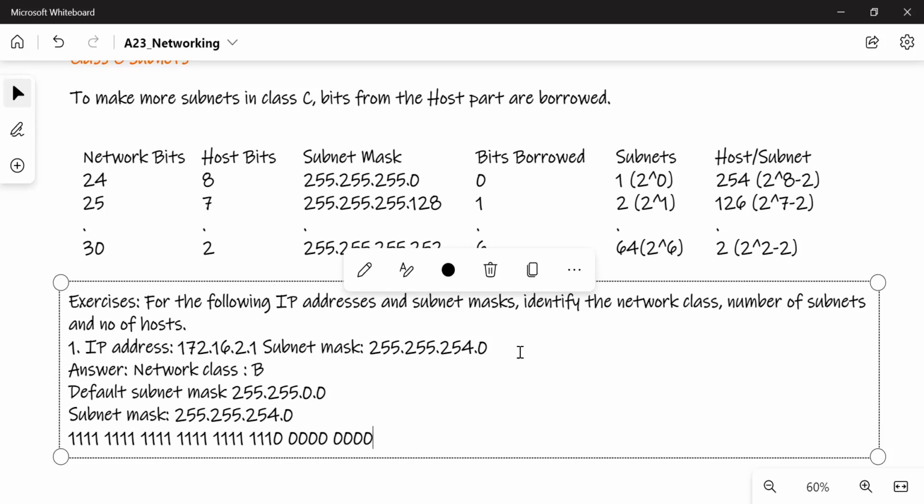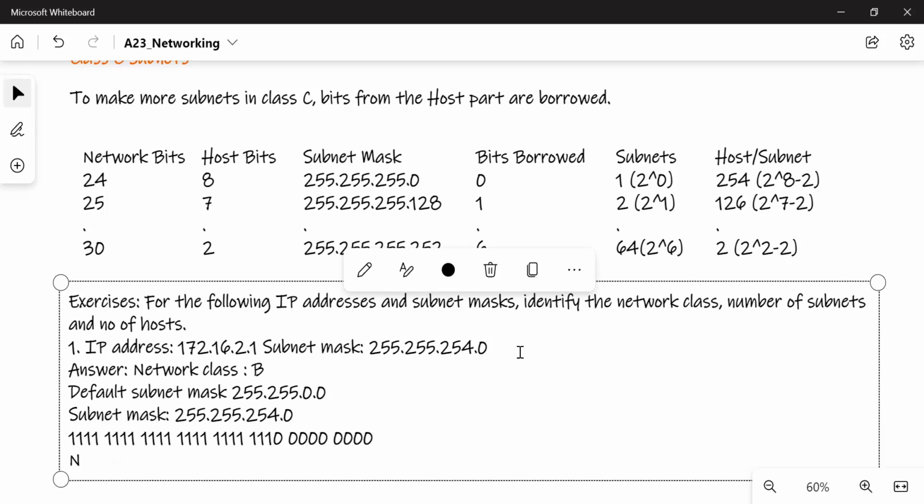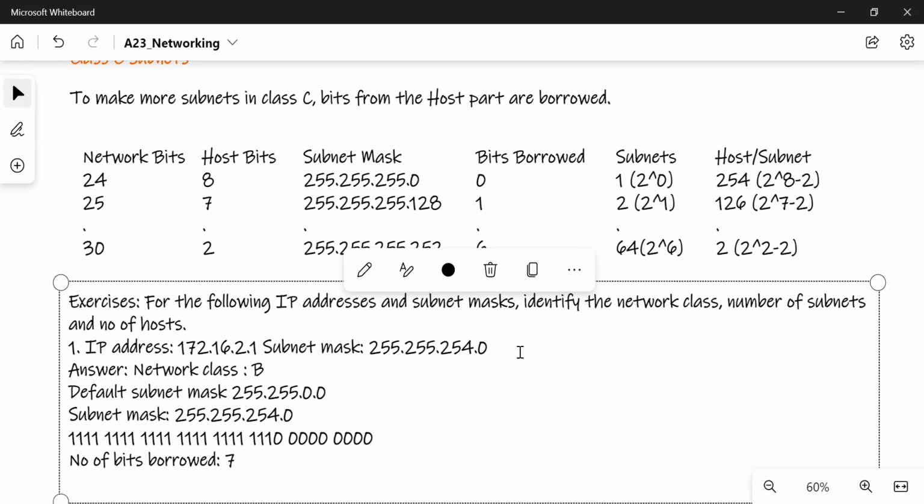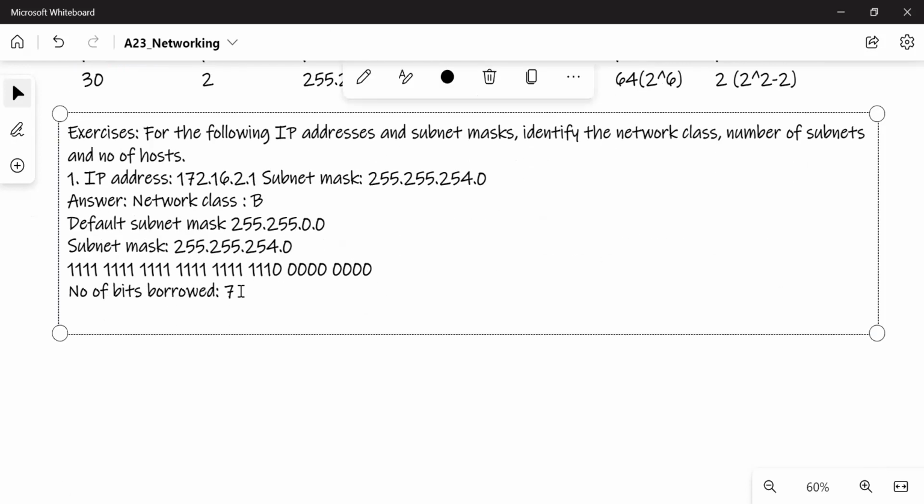So from this we can identify the number of bits borrowed is 7 bits. Now when you know the number of bits borrowed, you can identify the number of subnets. So the number of subnets is based on the number of bits borrowed.